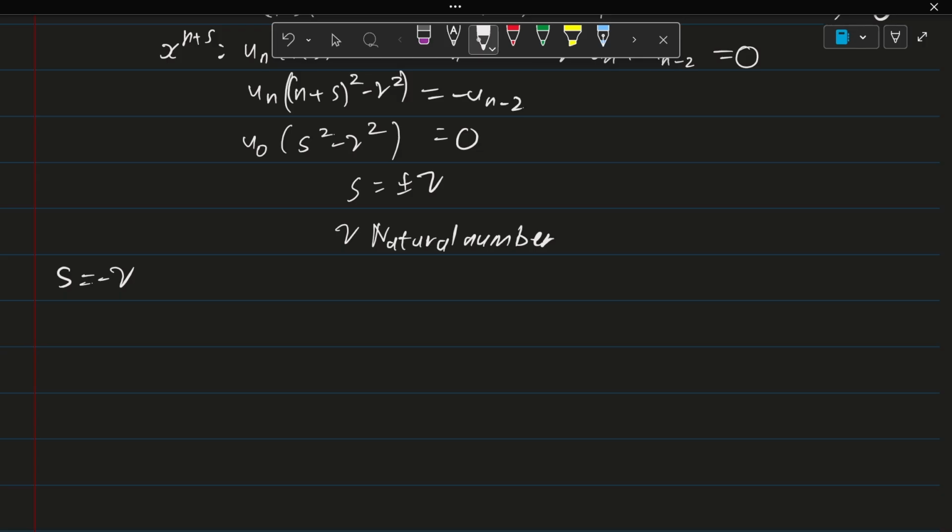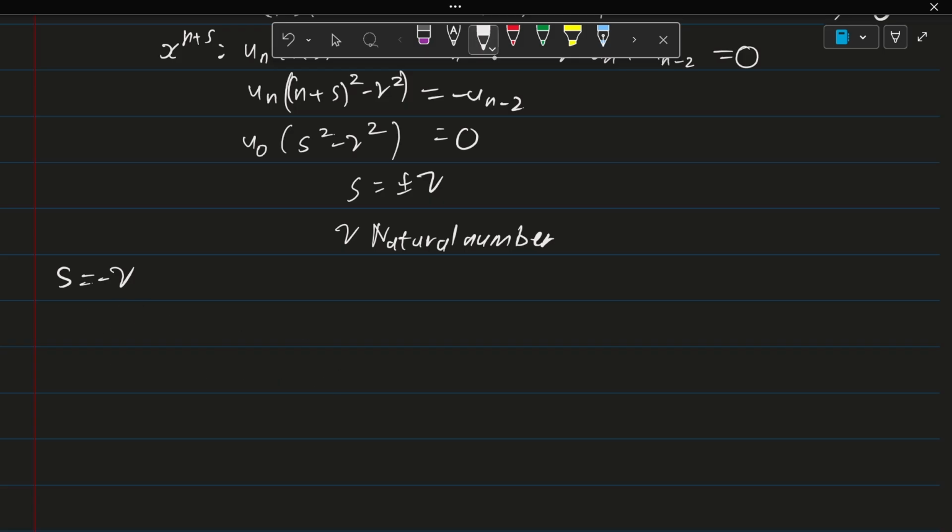If you solve the problem, what you would get is that u_n (n squared minus 2n nu) must equal negative u_(n minus 2). And so this would mean that u_n times n times (n minus 2 nu) must equal negative u_(n minus 2).